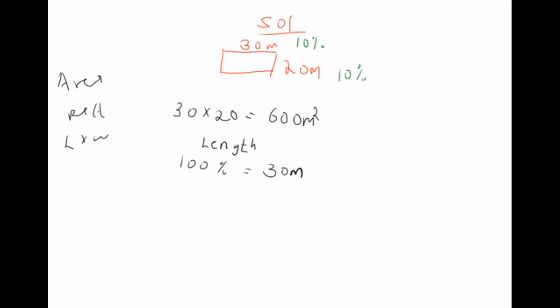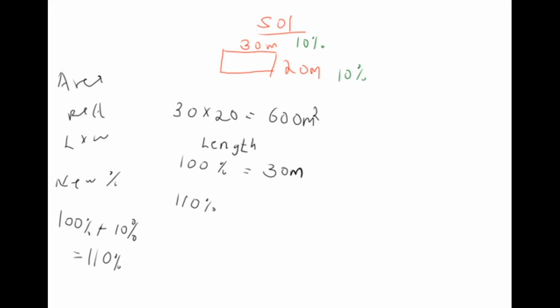Then the new percent for the length will be 100% plus 10%, which will give us 110%. If 100% is equivalent to 30 meters, what about 110% after the increase?